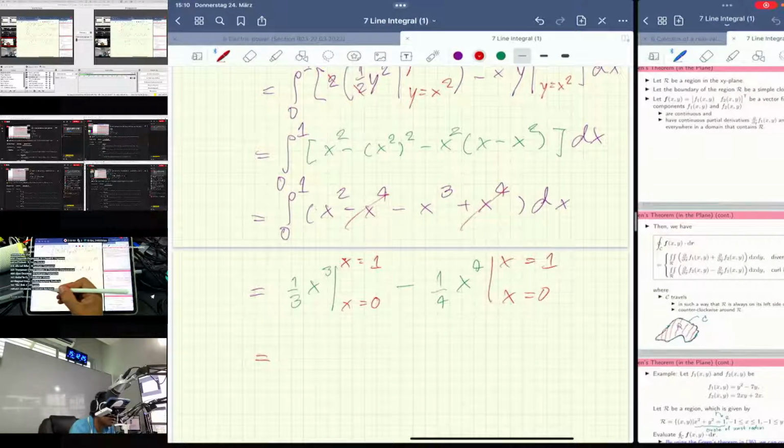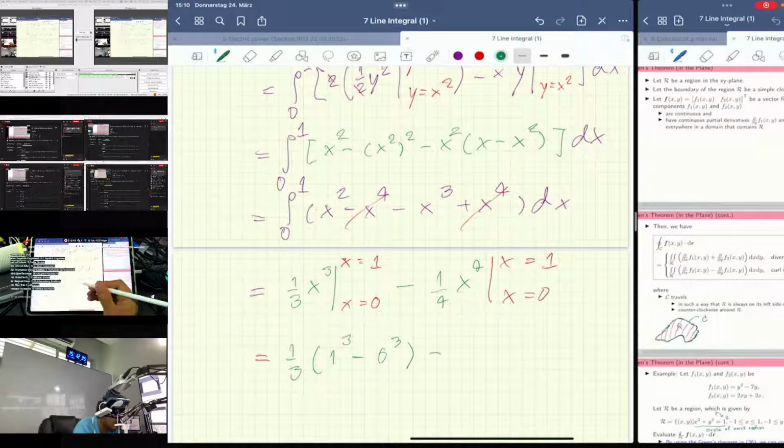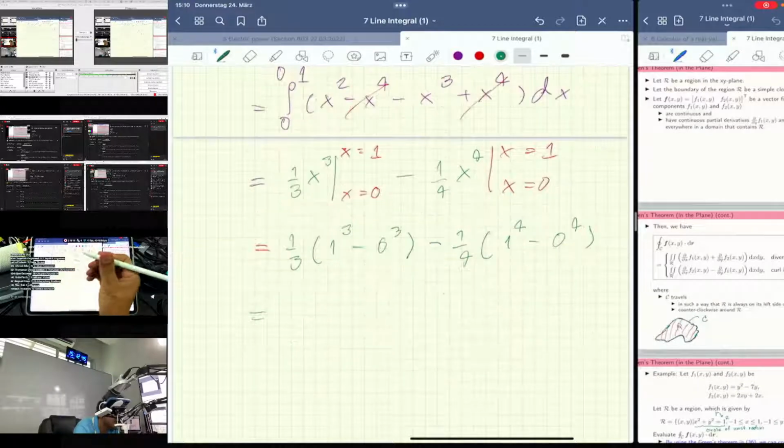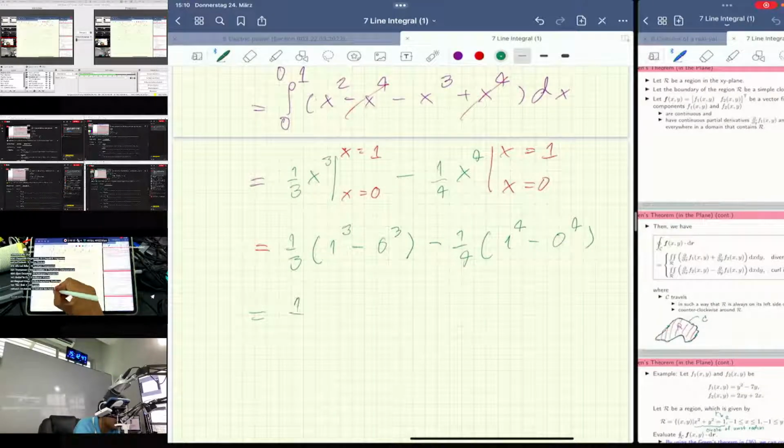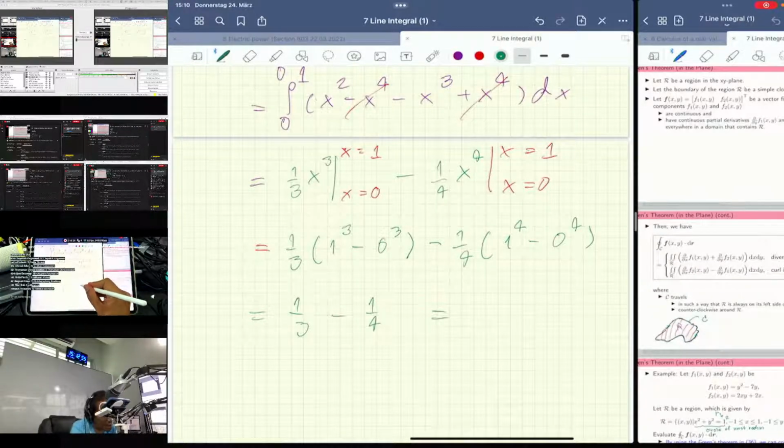Of course you have here 1 by 3 times 1 with the power 3 minus 0 with the power 3, and negative 1 by 4 times 1 to the power 4 and 0 to the power 4. And of course, you will end up with 1 by 3 minus 1 by 4, and that's 1 by 12. And that's the answer.